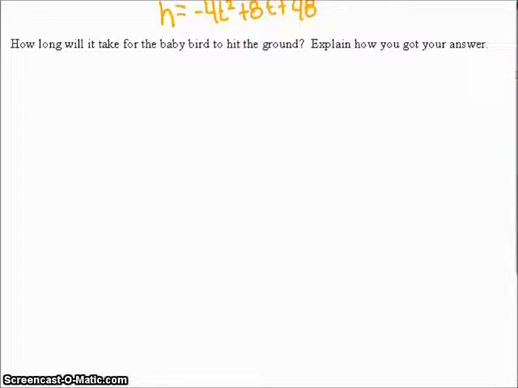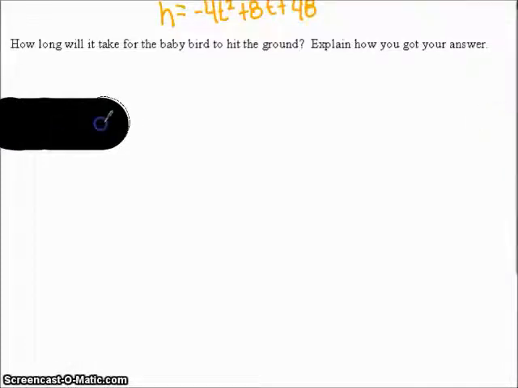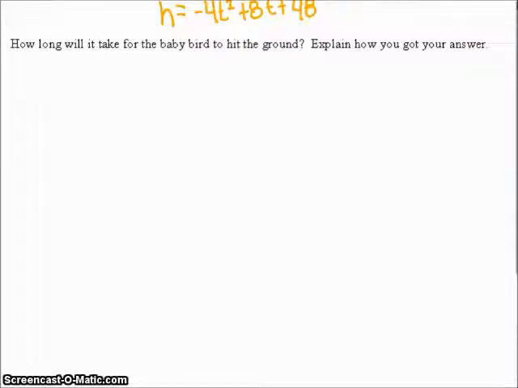The first thing that you should do is ask yourself, what is this question really asking you to find? If we were to sketch a graph of what is going on here, we know that a quadratic function is going to look something like that.